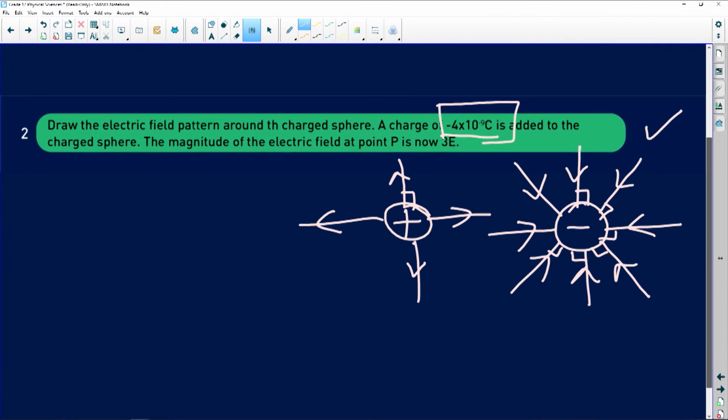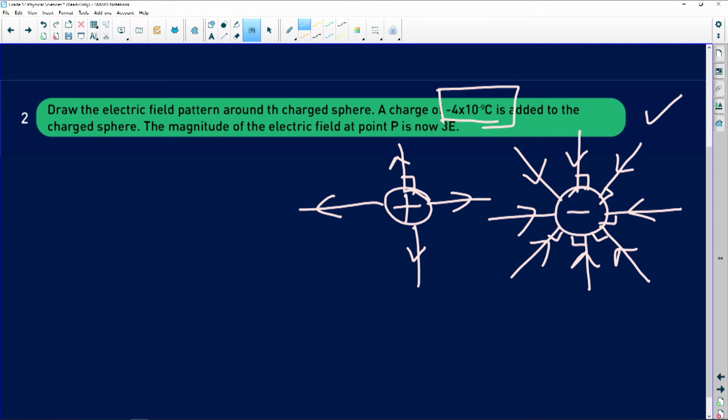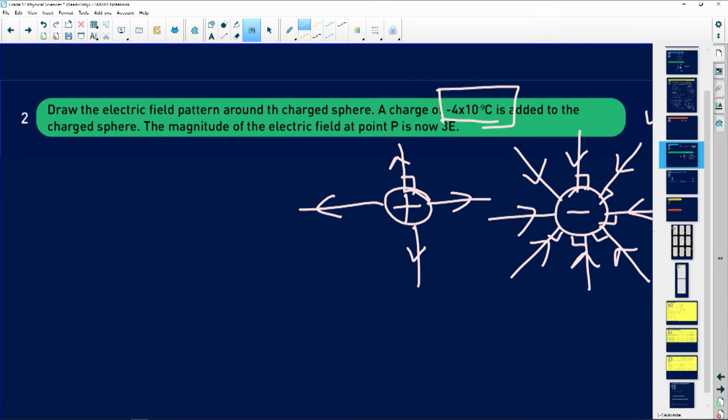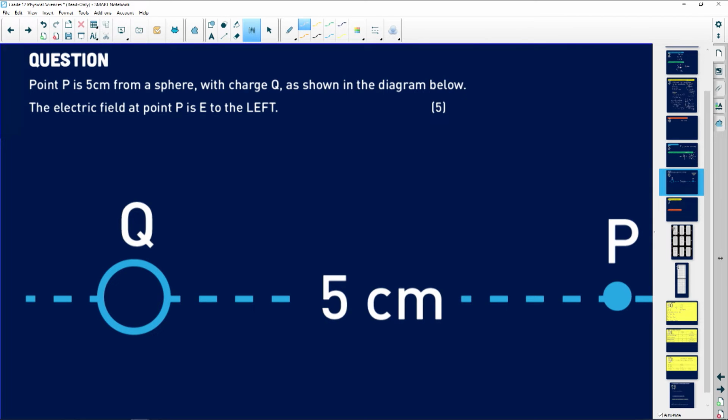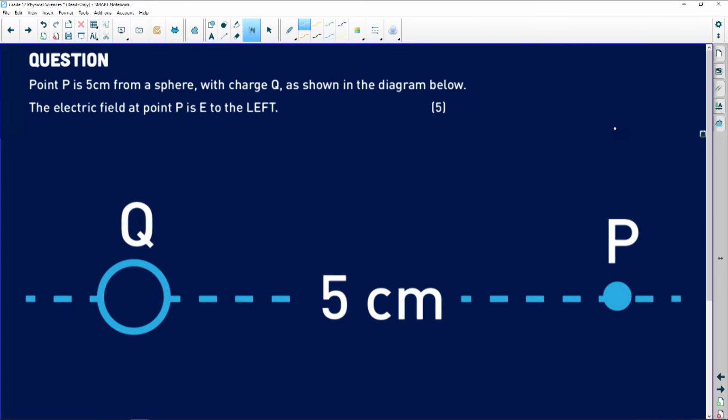They say to us here that the magnitude of the electric field at point P is now 3E. So let's go to the next question. Point P is 5 centimeters from charge Q, as shown in the diagram below. They say the electric field at P is E to the left.